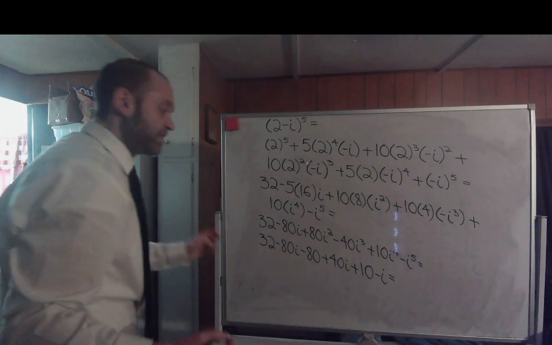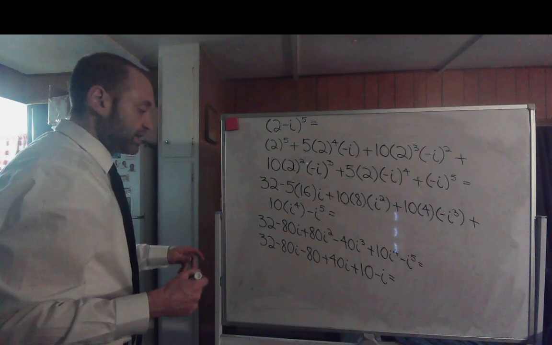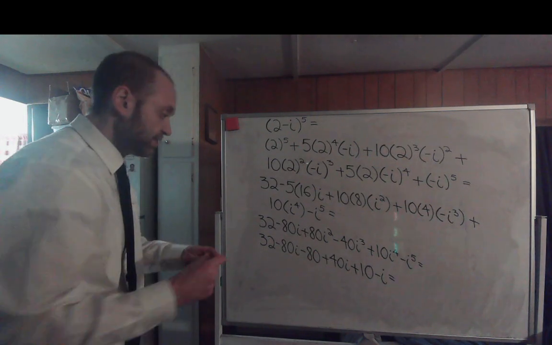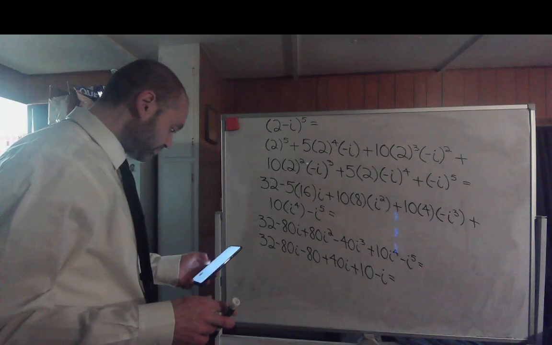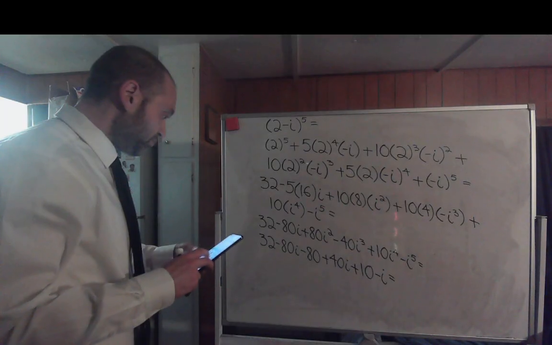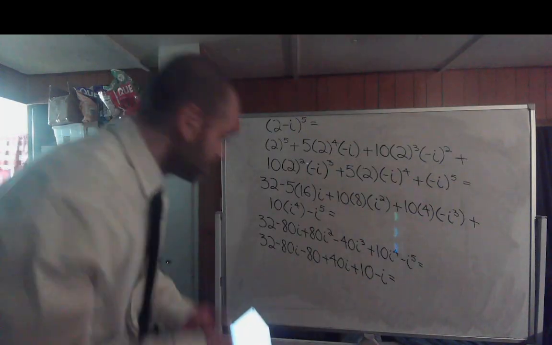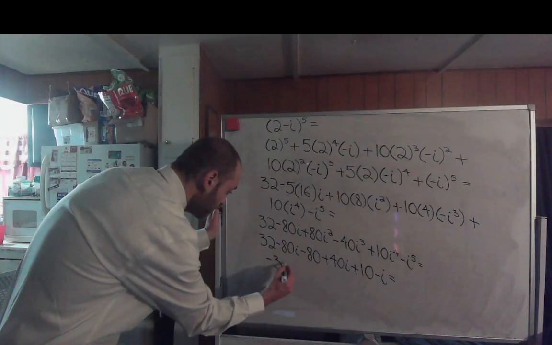So we should get a final result when we collect like terms. For the complex number, the real component comes first, so 32 minus 80. In fact, let's just add these up here. So 32 minus 80 plus 10, that should end up giving you negative 38 for the real component.